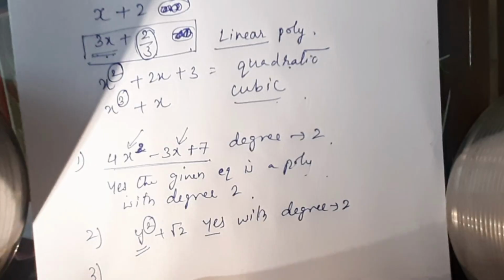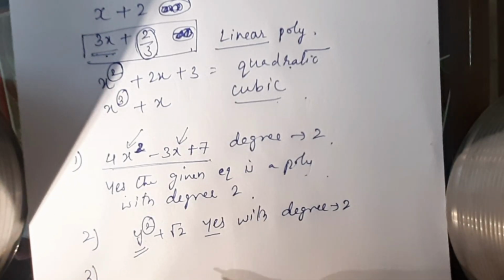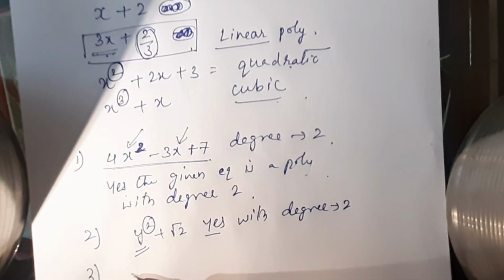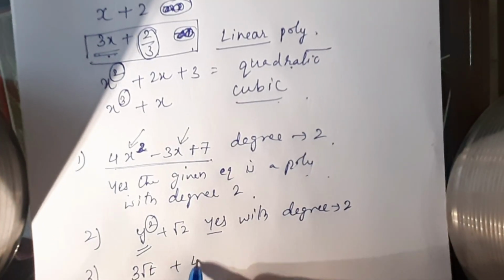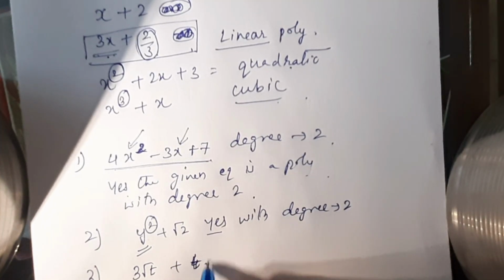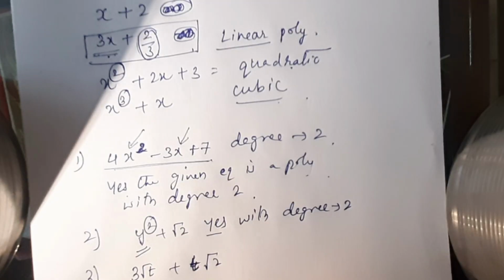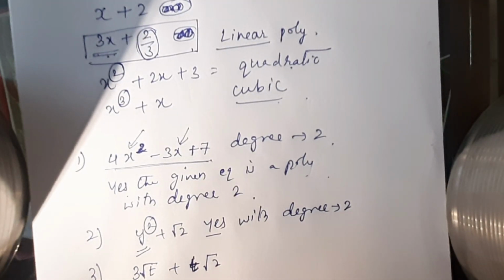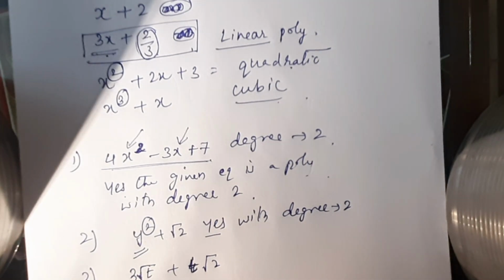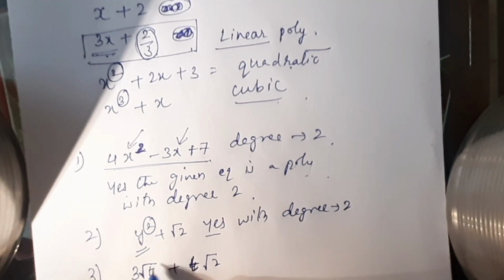Now the third question, it's given 3 root t plus t root 2. Here you can see that there is a root on t. There should not be any root on the alphabet.